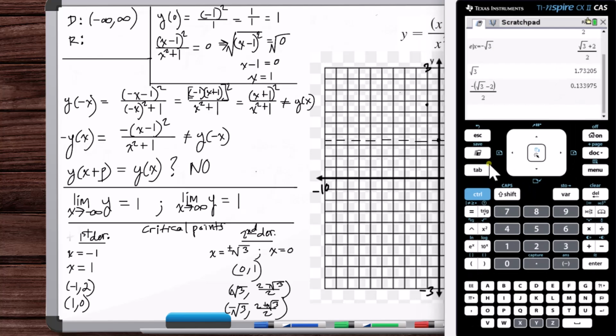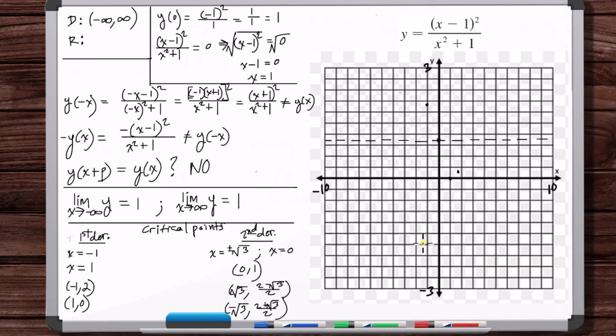Okay, and then now minus root 3, and then whatever this is, 1.87 minus root 3. It's about right there. And then 1.87, 0.3, 0.6, 0.9, 1.2, 1.5, 1.8. About right there. Interesting. Okay.